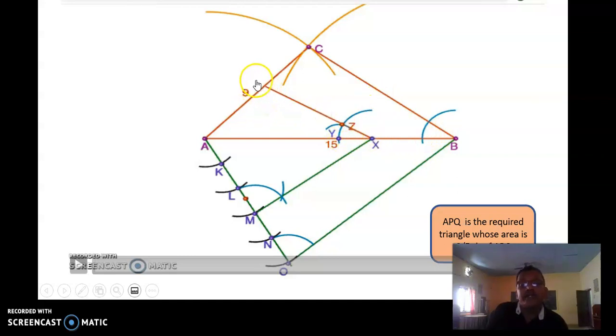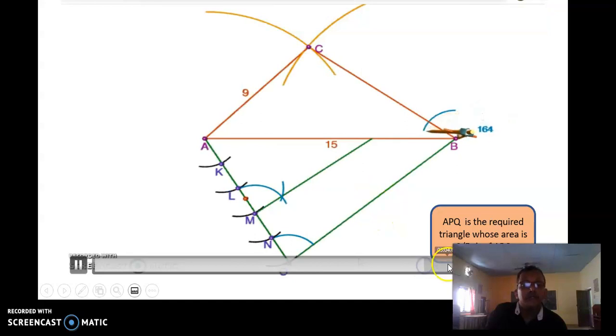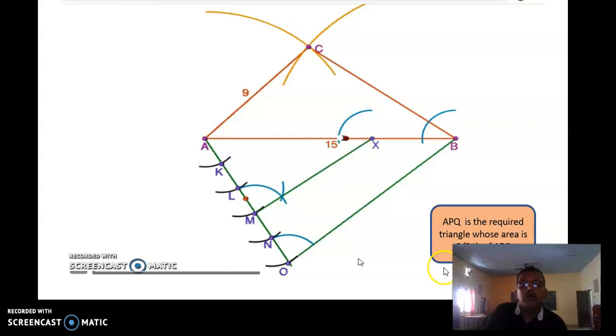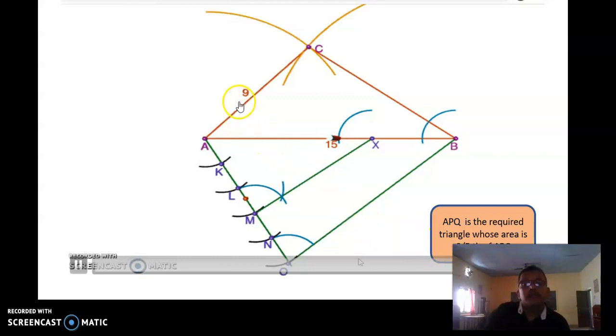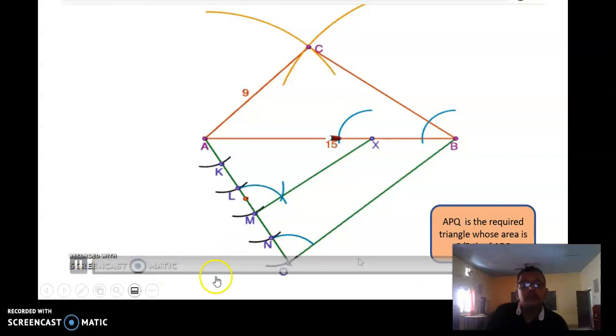Now the required triangle is... Once again I am showing this to make it correct.